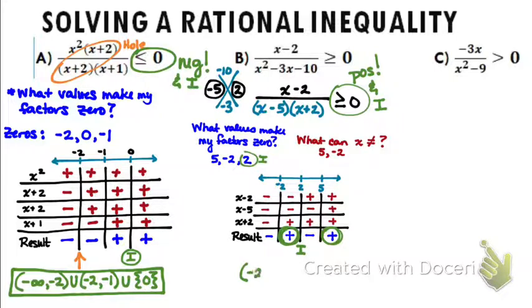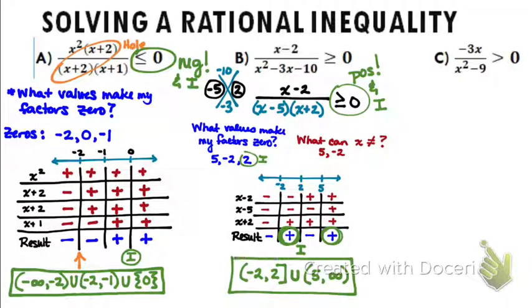So from -2 to +2 with a bracket around my +2. Any values in there would make my rational a positive. Union 5 to infinity. 5 inside parentheses because it's in my denominator, and so I cannot have an or equal to when I'm dealing with 0 if it is a factor down in my denominator.